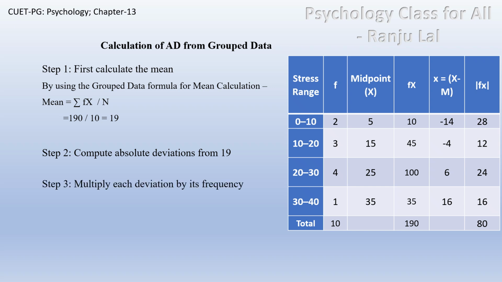Then we compute the absolute deviation from 10 in the fourth column, that is capital X minus M, then multiply each deviation by its frequency in the last column, and the total or sum of that column is 80. Now using the grouped data formula for average deviation, it comes to 4. That means the average deviation is 4. This means on average scores deviate 4 points from the mean stress score.